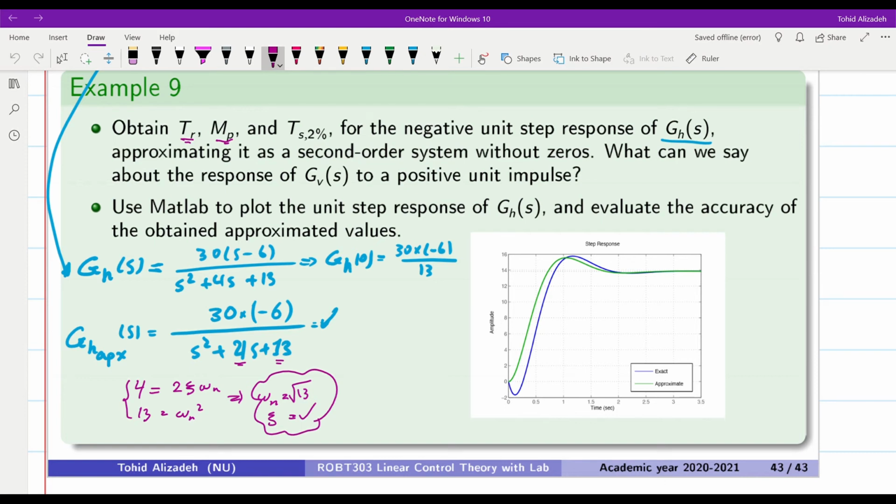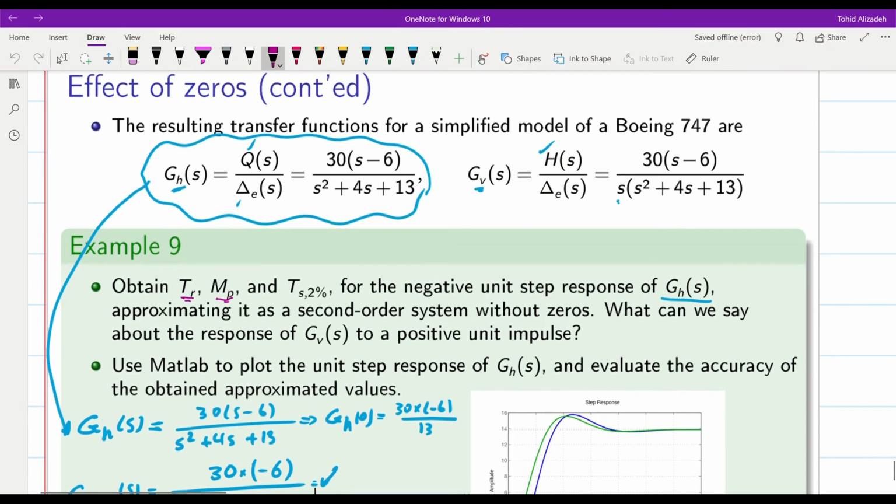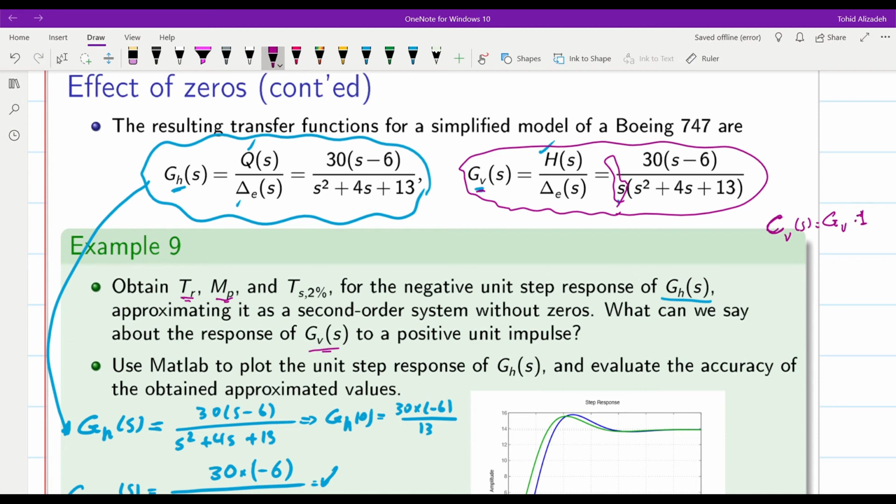What can we say about the response of GV to a positive unit impulse? So GV, we can see that it is different than the GH only by this pole at the origin. If we want to find out the impulse response of the system GV, and I can show it with CV, it will be equal to GV times 1, because the Laplace domain equivalent to the impulse input is equal to 1.